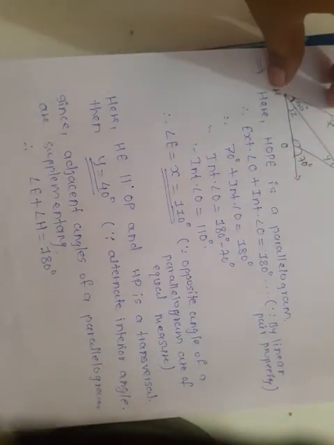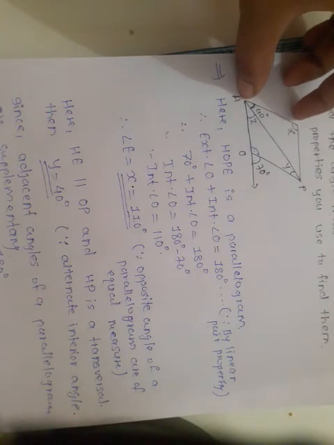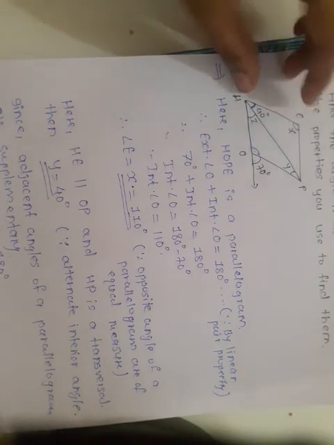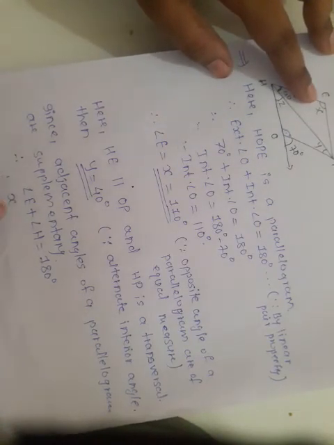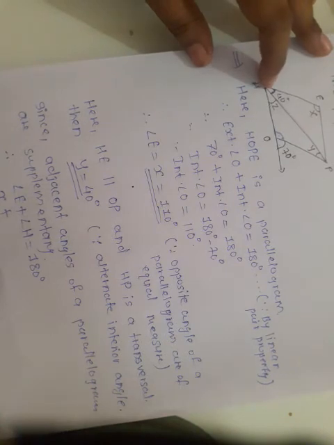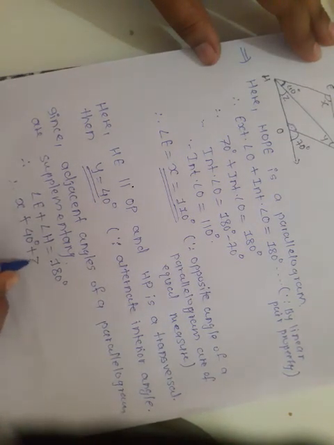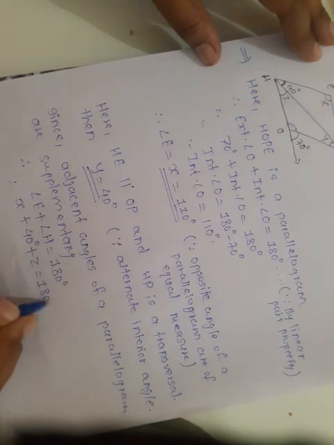180 degrees. If the adjacent angles of a parallelogram are supplementary, then the sum of the measures of these two angles is 180 degrees. Angle E has measure x, plus angle H, which contains 40 degrees plus z, so we can write x plus 40 degrees plus z is equal to 180 degrees.